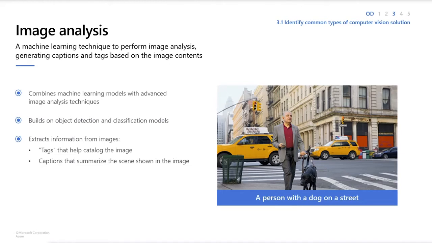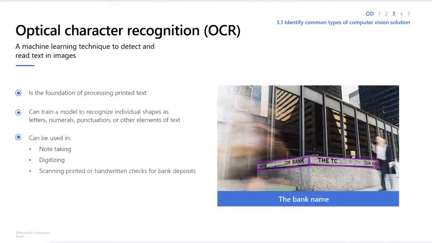Let's actually find out a little bit more about our final area, which is going to be optical character recognition. All right, so optical character recognition, or you might also hear it as OCR, is a technique used to detect and read images. Now, this is really just processing that printed text inside of an image.